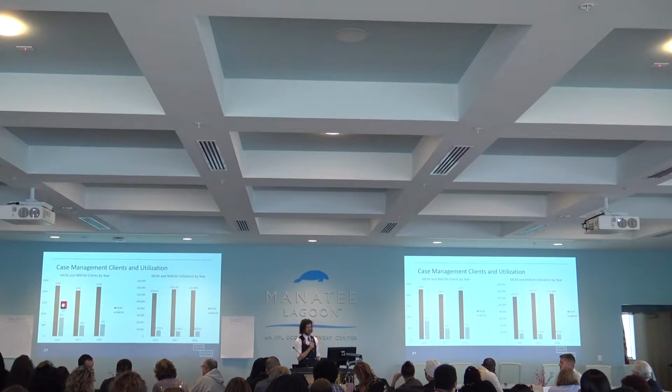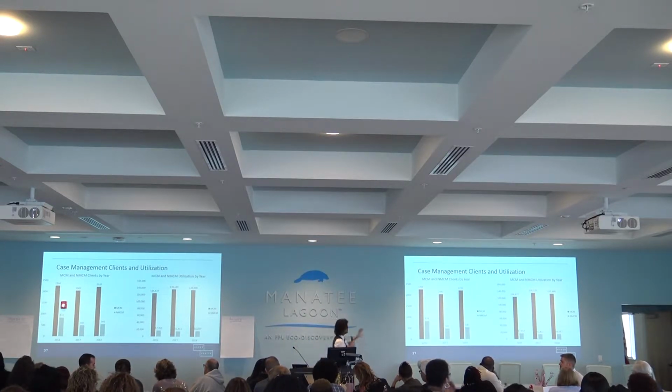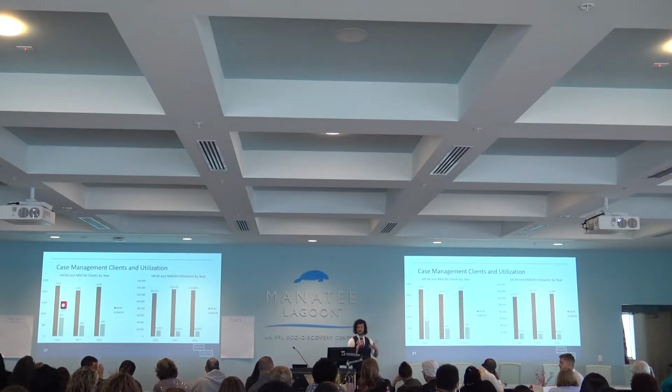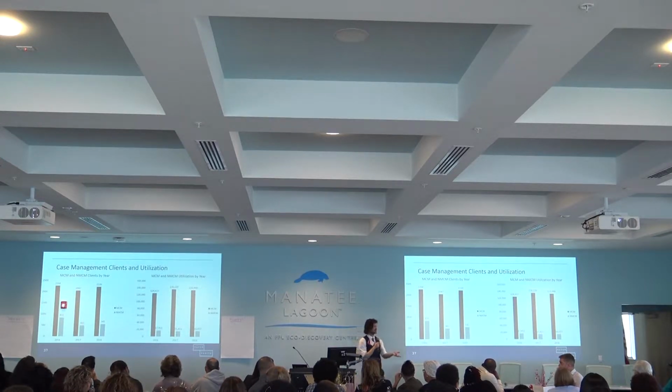So now let's look at some of our clients and utilization data. We can see here clients by year on the left and utilization by year on the right. Does anyone want to summarize what they see here? Yeah. Hey, that's something I saw too. The costs are going up, but the utilization is about the same.